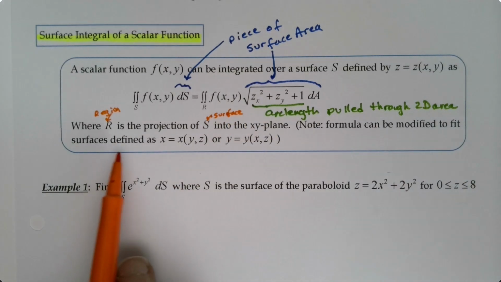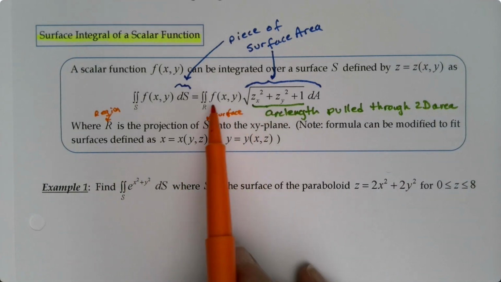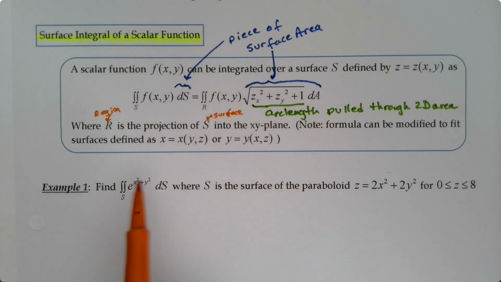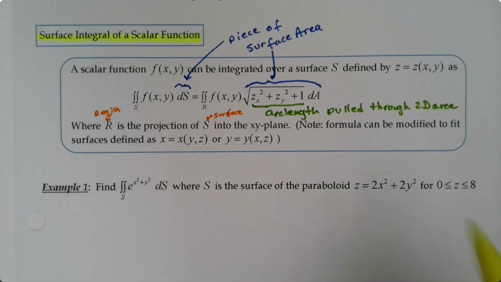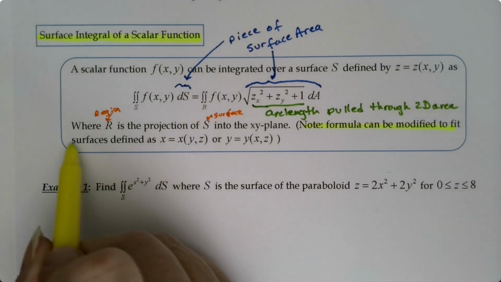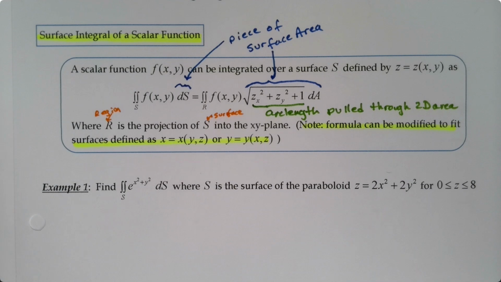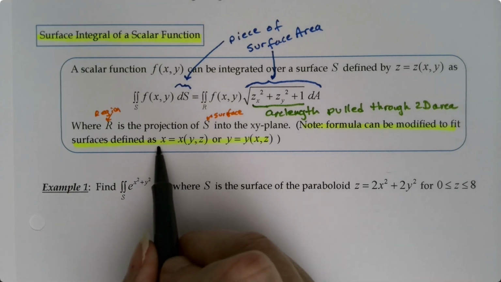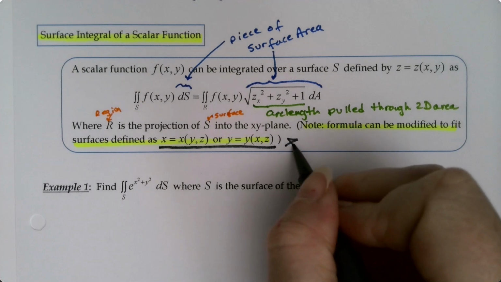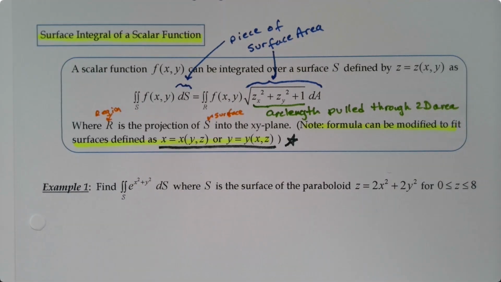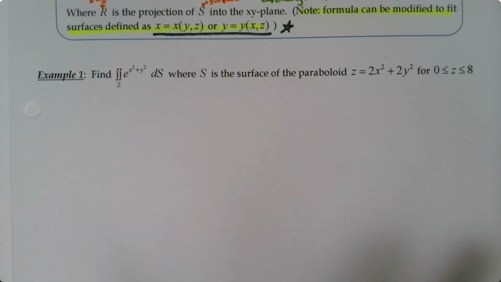Before I go any further, this was all defined for x and y, but you could also modify the formulas for surfaces that are defined with x equals x of y, z or y equals some function y of x, z. So we can write it all of those ways as well. The formula is only written with x and y in mind, but you are expected to be able to modify it as needed.